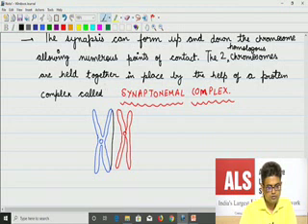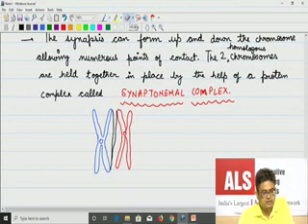Actually, there are three lines. We are going to draw three parallel lines, and these three parallel lines basically represent the synaptonemal complex.